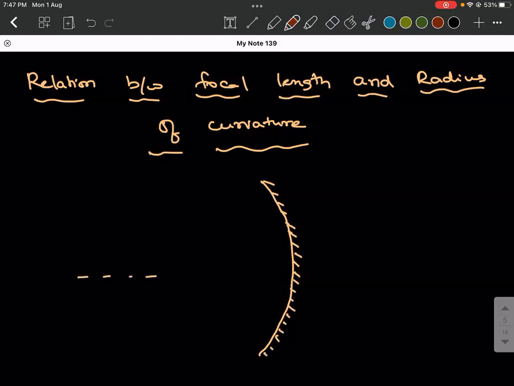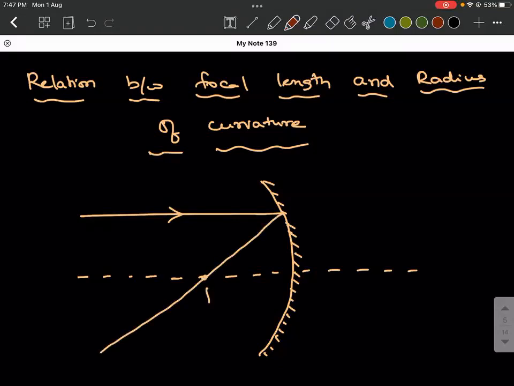If you see, for me to define the focus, I need to take the object at infinity. So if I take the object at infinity, a ray is parallel to the principal axis. A ray after reflection will pass through a point on the focus.